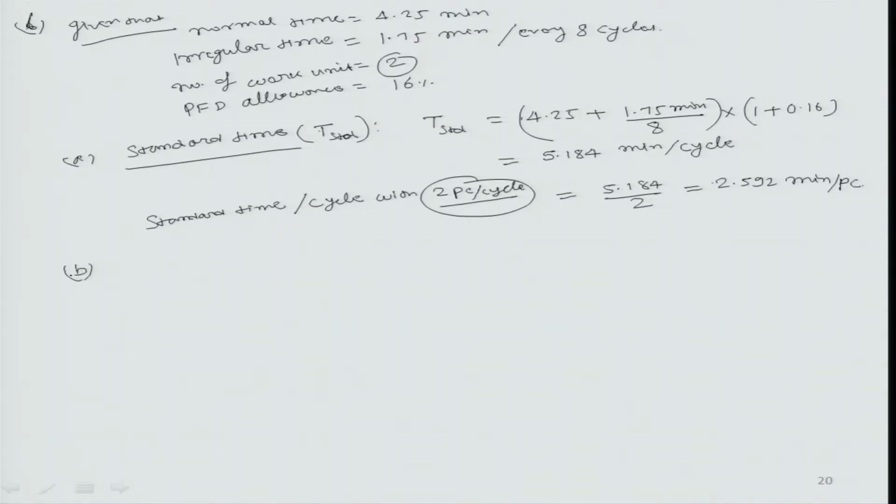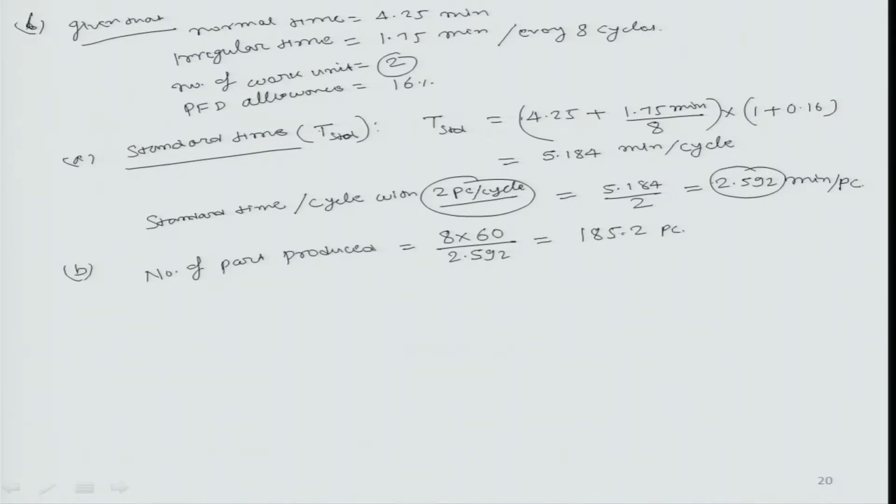Now the B part. In the B part, the question is asking how many work units are produced in an 8-hour shift at standard performance. The standard hour we know is 8 hours, so the number of parts produced is 8 hours, converted into minutes by multiplying with 60, divided by the standard time per piece, 2.592, that is equal to 185.2 pieces.